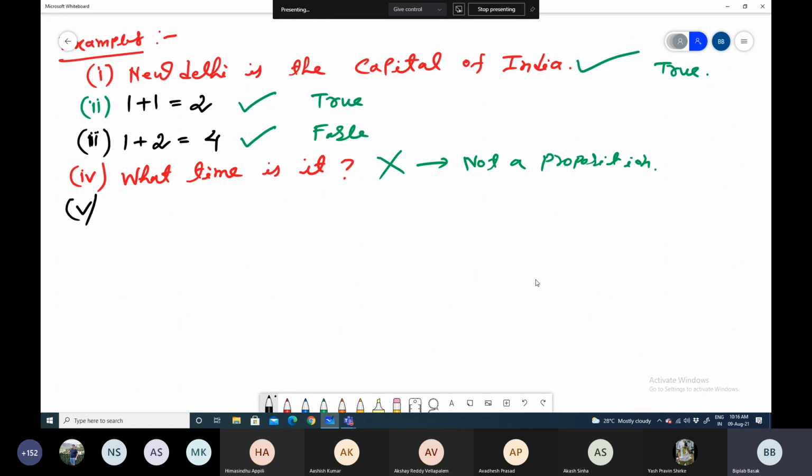Now if I say, read this carefully, this is an order. Again, this is not declaring any fact, so again this is not a proposition.